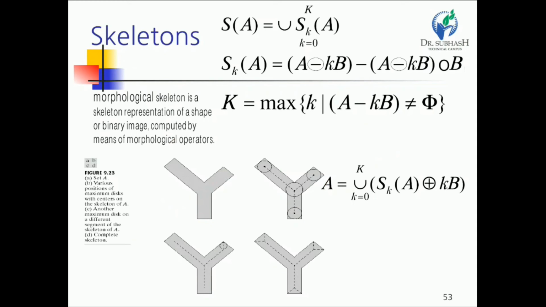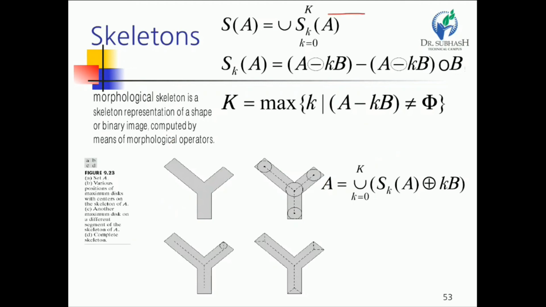Now the skeleton. The morphological skeleton is the representation of the shape of a binary image computed by means of morphological operators, right? So the skeleton is the representation of a binary image computed by morphological operators.